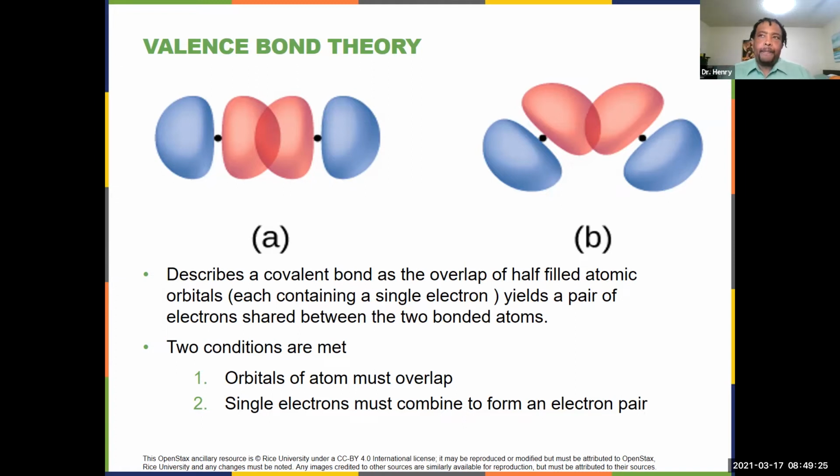When we talk about bonding, we have what we call valence bond theory. This is showing you the kind of overlap you're going to have potentially. So here, if we look at this, what type of subshell would this be, based upon the shape of the orbital?